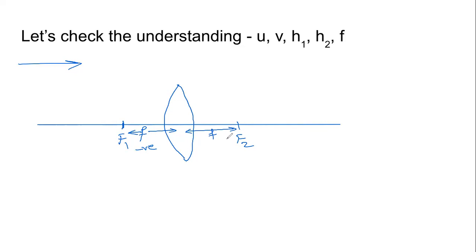Positive. It is positive because we are measuring on the right hand side. Thank you. Tie these things in a knot, remember them well. Left is negative, down is negative, right is positive, up is positive. No change, whether it is a convex lens or a concave lens, whether it is an image or an object.